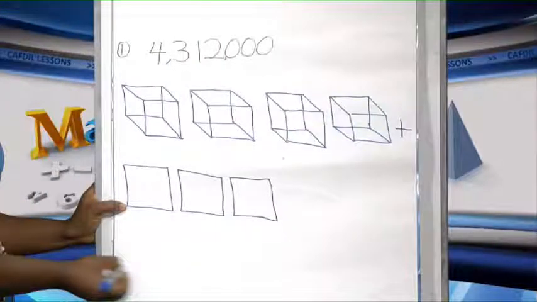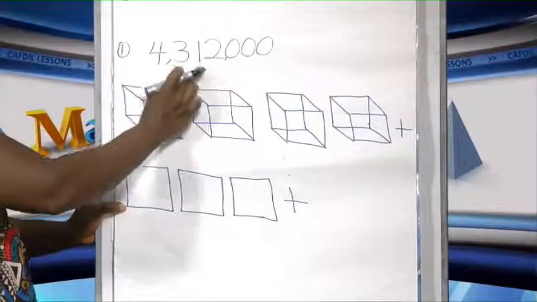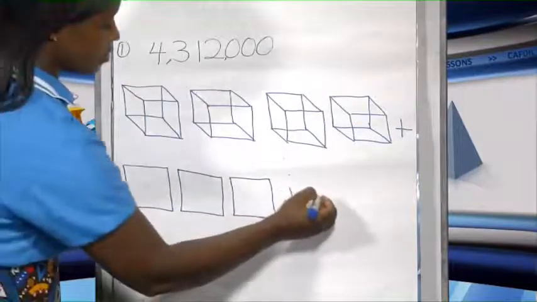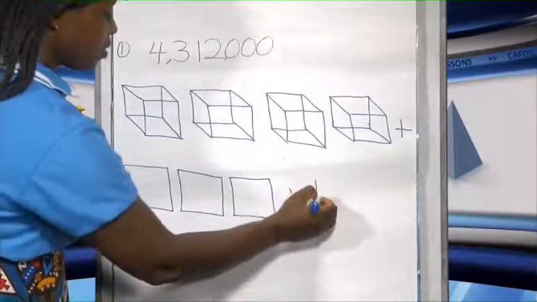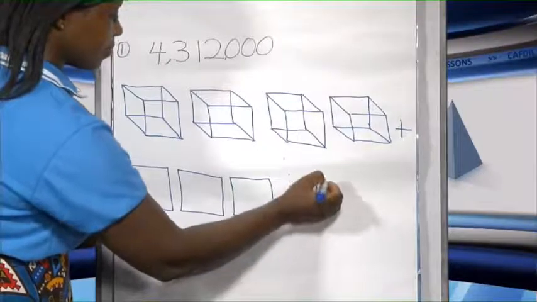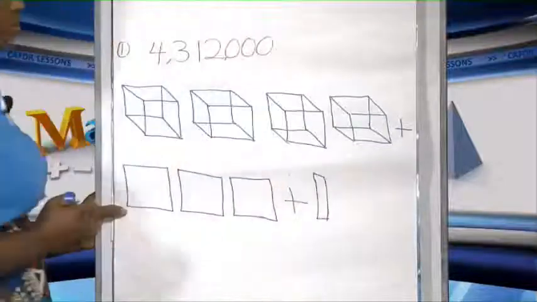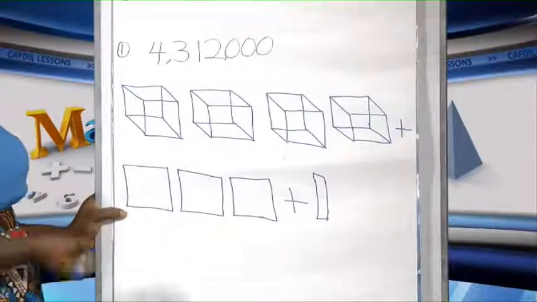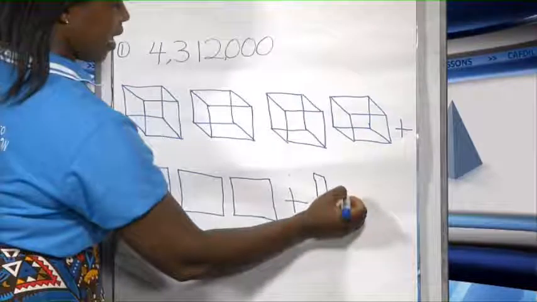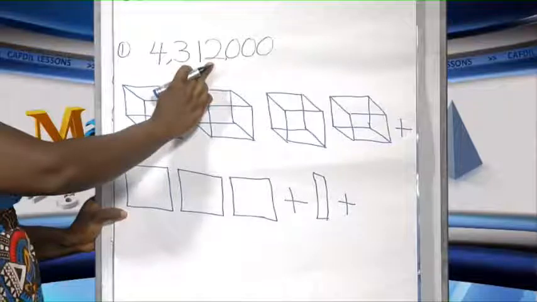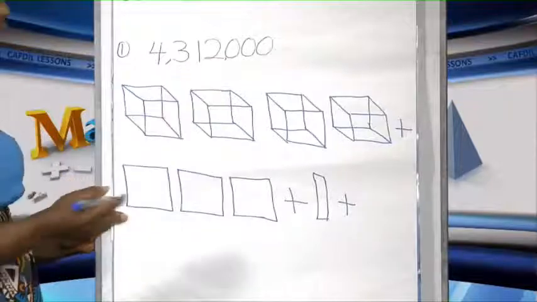Plus how many rods? 1. And the rod, we can do it this way. We have our rod. Are we done? No. Plus how many units? 2 units. And the units can also be drawn like this.